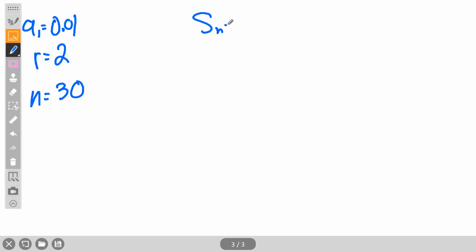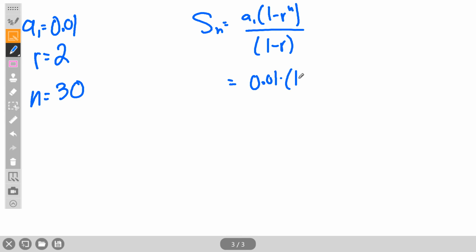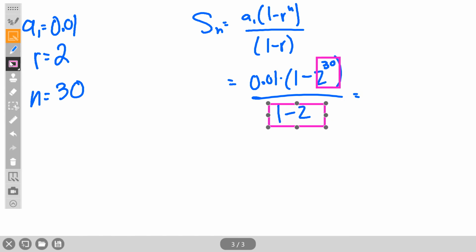So we're just going to plug it into the formula, 1 minus r to the n over 1 minus r. So you get 0.01 times 1 minus 2 to the 30th over 1 minus 2. So remember, we can do this one and this one to start with. 0.01 times 1 minus 2 to the 30th is probably pretty big.